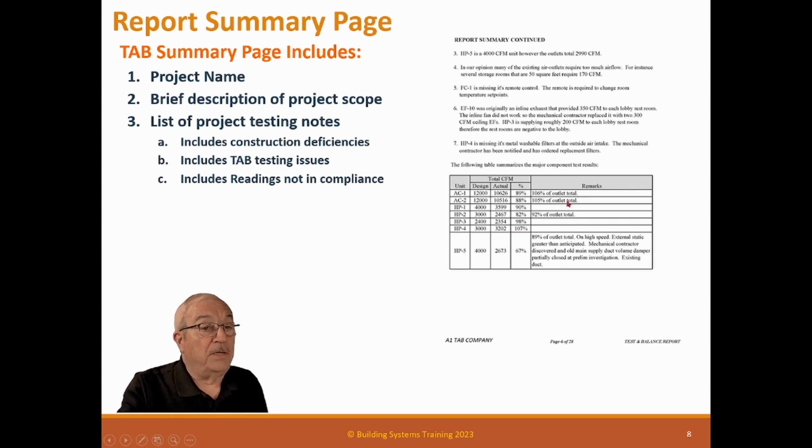Now remember that our standard spec and our standard certification agencies all have standard accuracies, which for TAB is probably plus or minus 10% on airflows, and probably something different on temperature and humidity readings. On airflows it's plus or minus 10% for a reason. In recent years I've seen a lot of engineers try to limit that to plus 10, minus 0, so you have to be at design or better all the time.